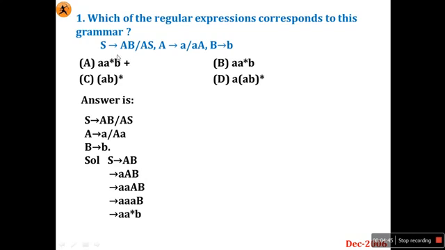Here plus, directly you may strike out. Here also (ab) whole star is a wrong option. Without looking at the production, without performing the operation, you can answer easily. The option is B. Okay, I hope it's clear.